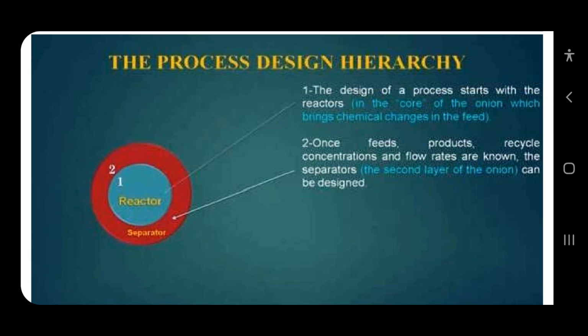The first part is the selection of the reactor, where you have to consider feed, products, and recycle concentration. Then come to the separator. Once you get the product or byproduct, you have to separate it with the help of unit operations. So you have to choose the separator here as a core.